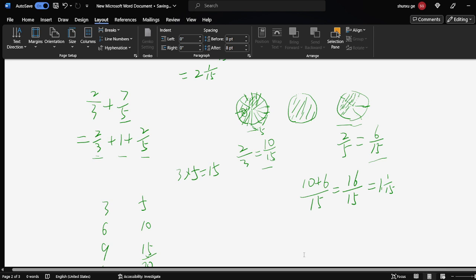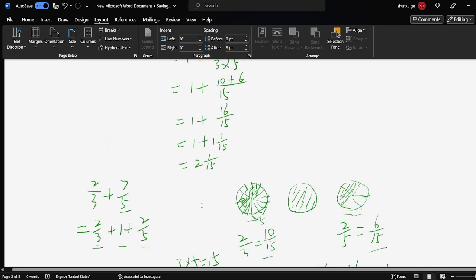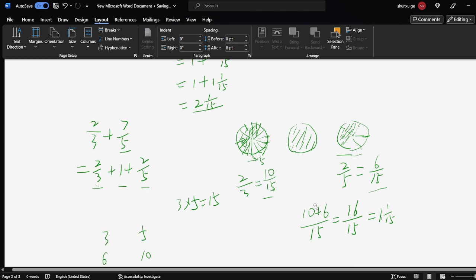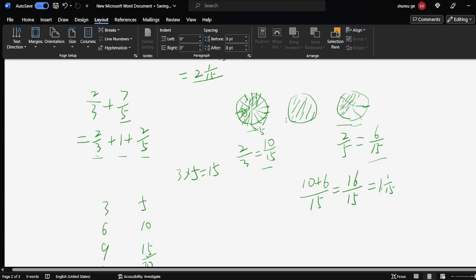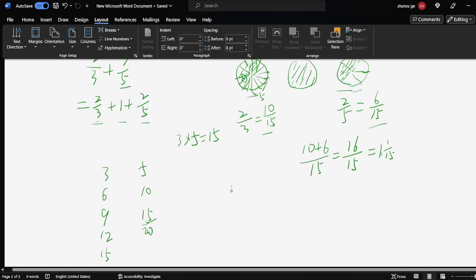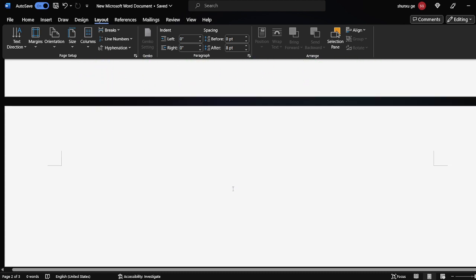So this is why I calculate like this. The final solution is here. Now I have explained to you with the picture. I hope you can understand. If you don't understand, that's okay. Write a comment. Okay, no more questions.